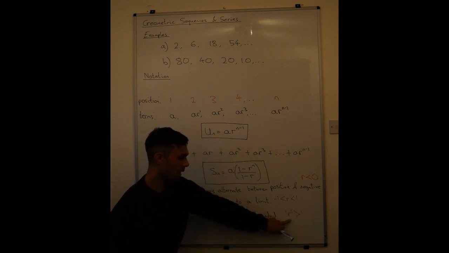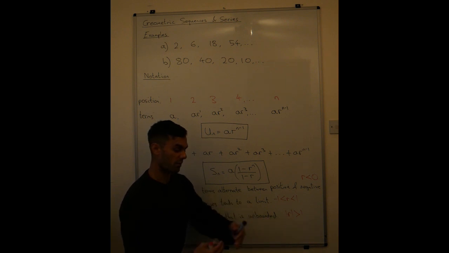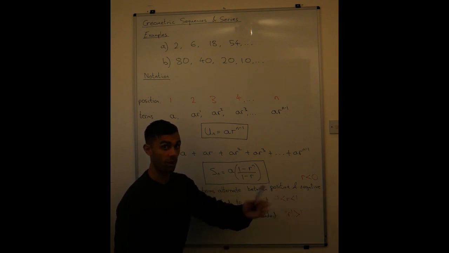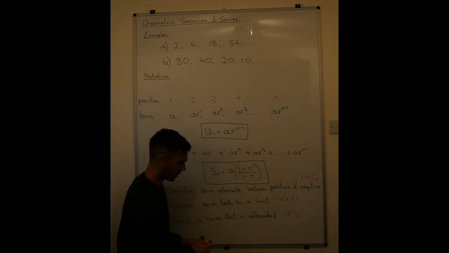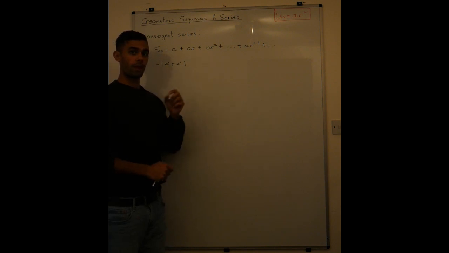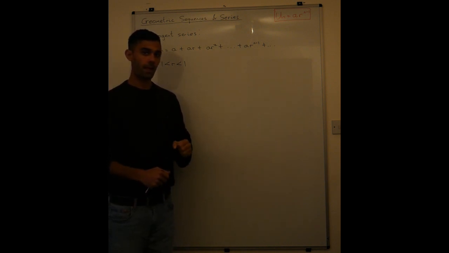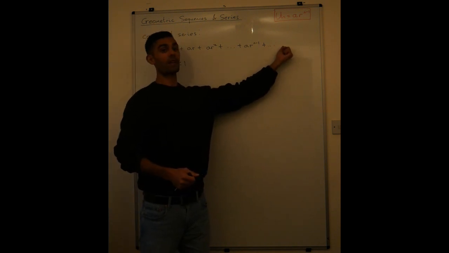And again, this is a way of saying the common ratio is not between minus 1 and 1. So it's either going to be bigger than 1 or less than minus 1. If r is between minus 1 and 1, Sn is convergent. And that means that as you continue to add terms on, it's almost having no effect on the overall sum.